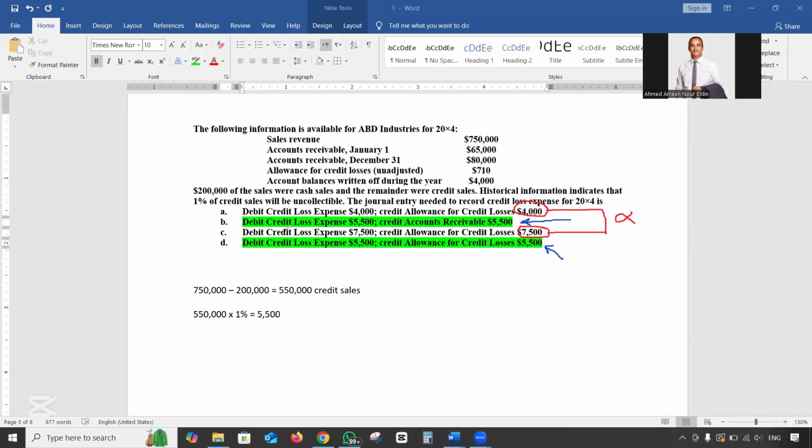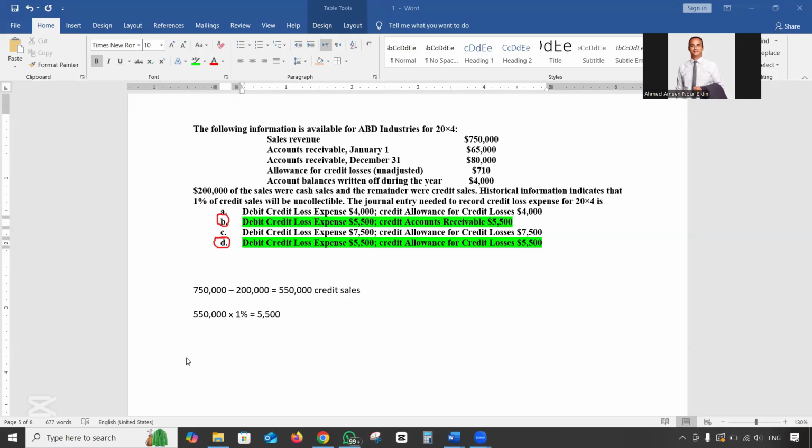So with 99% certainty, the answer will be B or D because the amount is repeated. Which one will I choose?